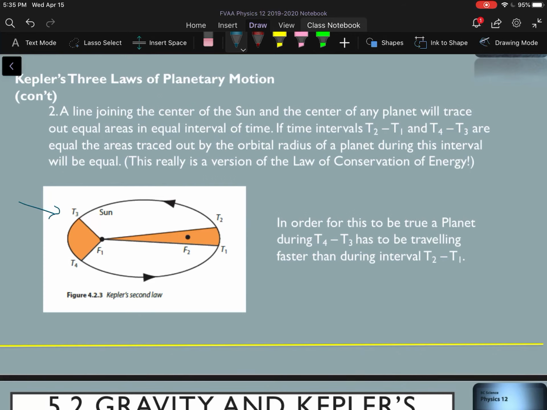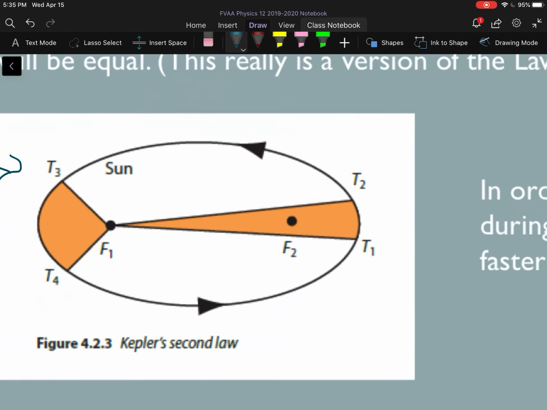So what does that mean? Let's say the time between time 1 and time 2 was 30 days.